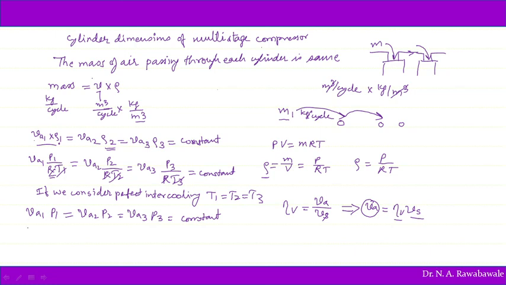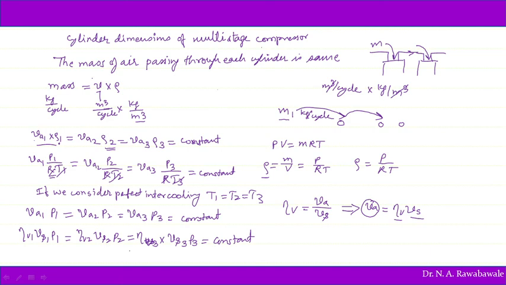So this VA1 we write as volumetric efficiency of first cylinder into swept volume of first cylinder into P1, which is equal to volumetric efficiency of second cylinder into swept volume of second cylinder into P2, which is equal to volumetric efficiency of third cylinder into swept volume of third cylinder into P3 is equal to constant.